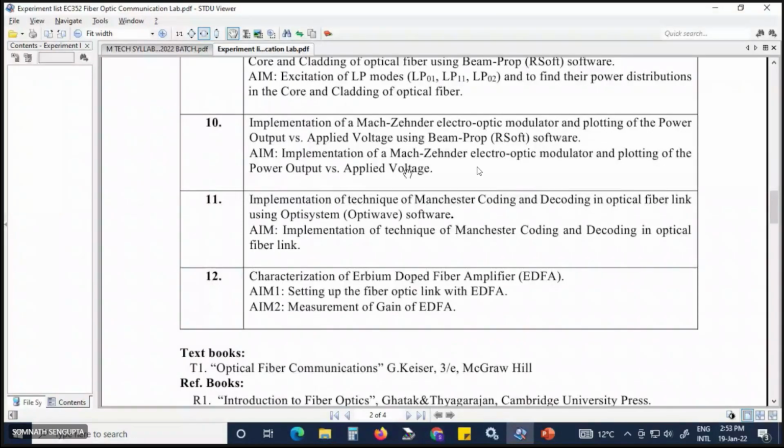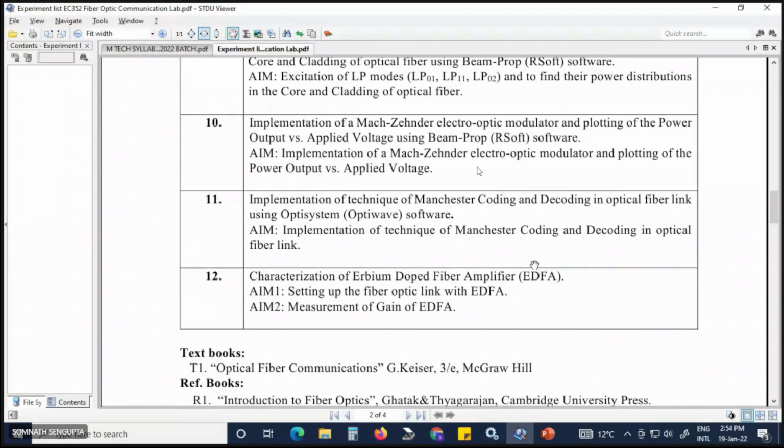The next experiment is Manchester coding and decoding using software. And the last experiment is regarding the fiber amplifier.